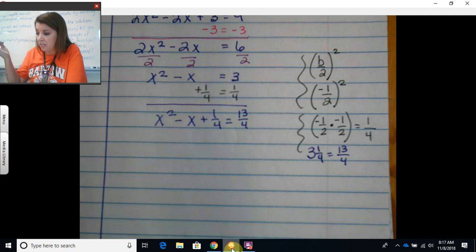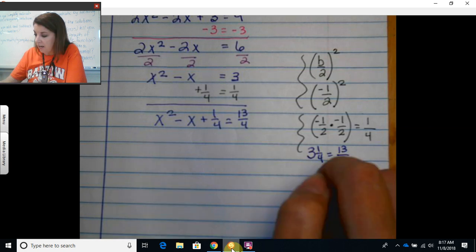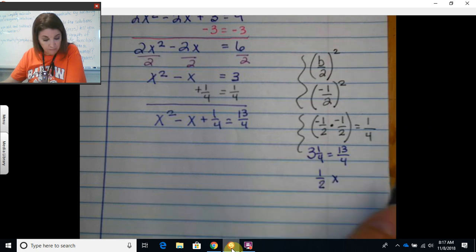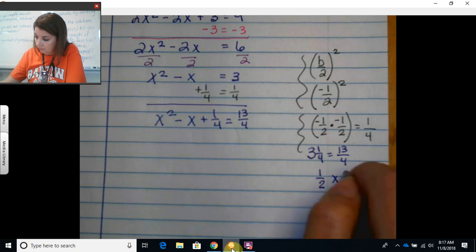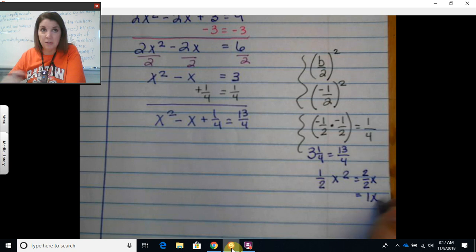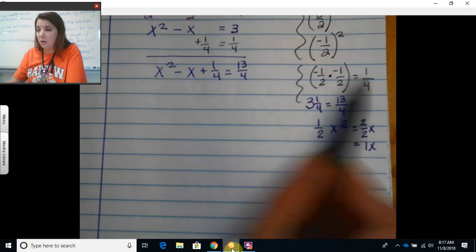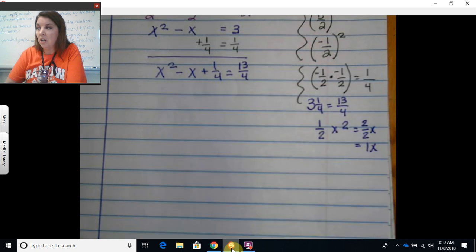So x times 1/2 is 1/2 x, and 1/2 x doubled is 2 over 2x, which reduces to what? 1x. Is that your middle term regardless of sign? So did we create a perfect square trinomial even though it was a fraction? Yeah, we did. So as long as you did this right, then you made a perfect square trinomial. But if you're not sure, you could check it.